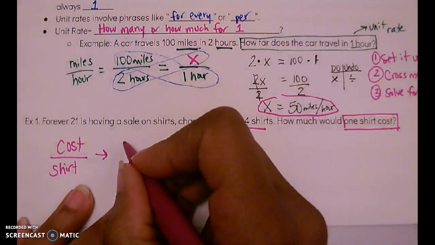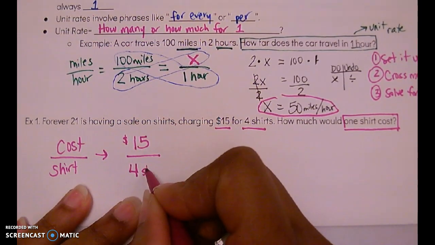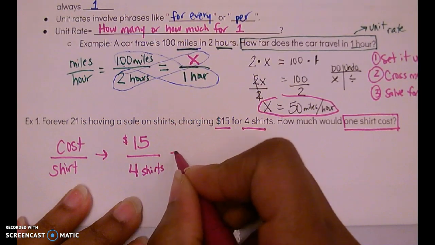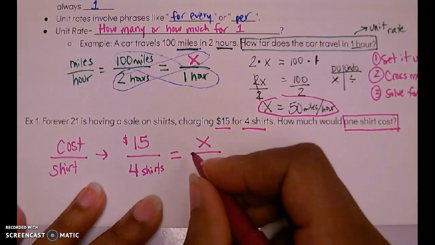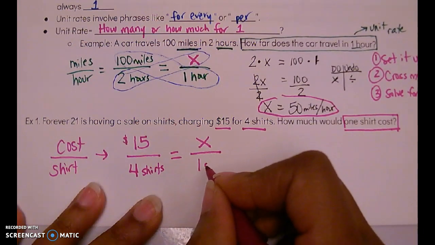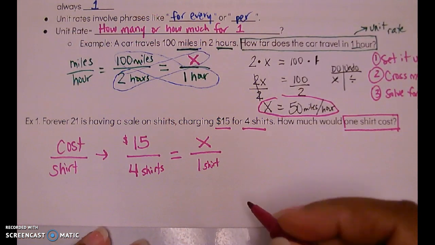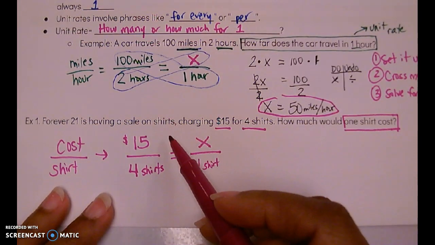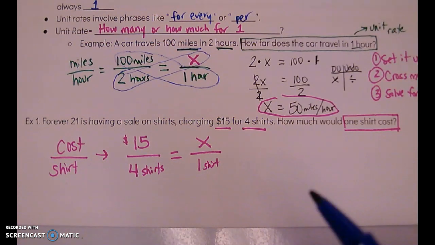Now, currently, it's $15 for 4 shirts. But I want to solve for how much one shirt costs. So I'm going to set up an equation, essentially. All right? Now, the first thing I'm going to do, after I've set it up, is cross multiply.